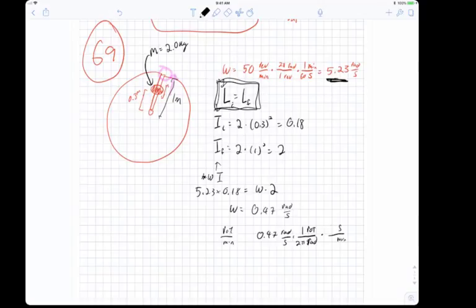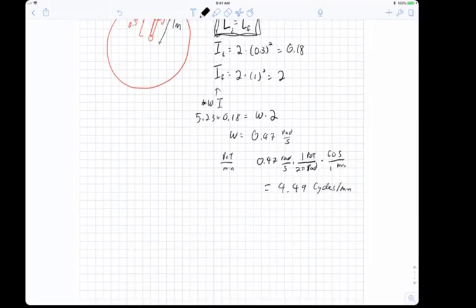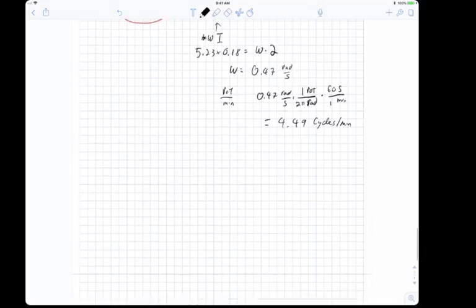So there's 60 seconds in 1 minute. 0.47 times 60 divided by 2 times pi is 4.49 rotations per minute. All right, that's 69. Question 75.